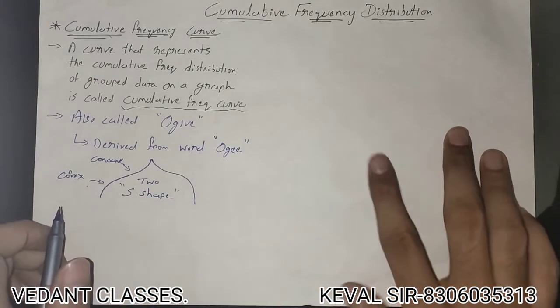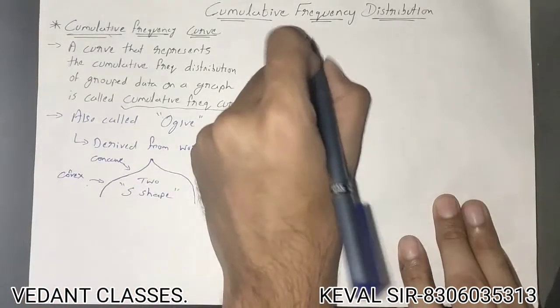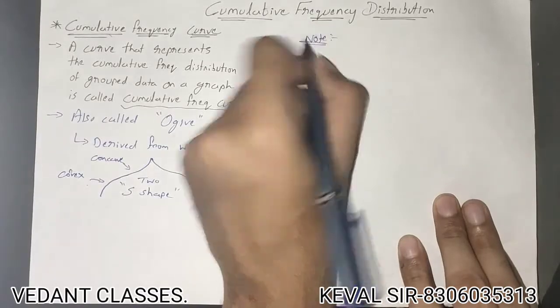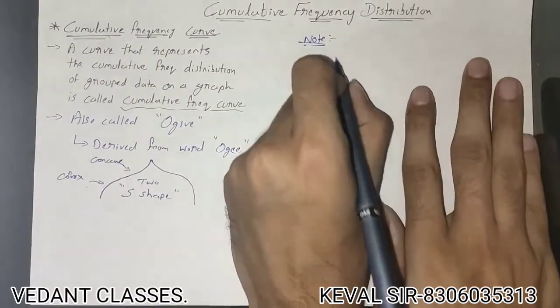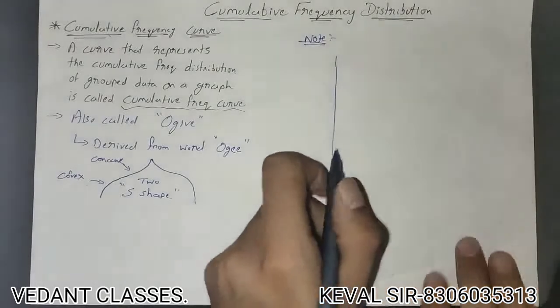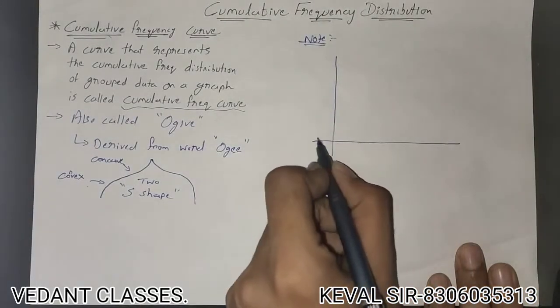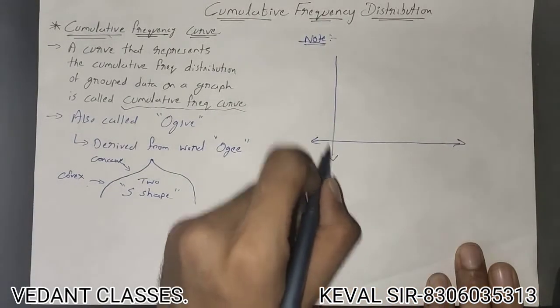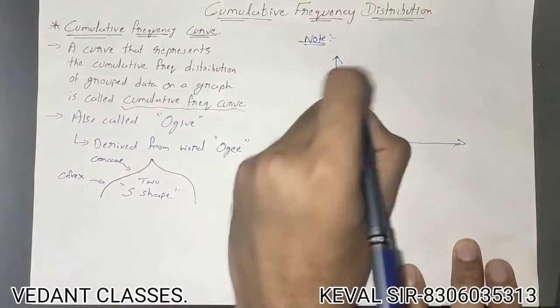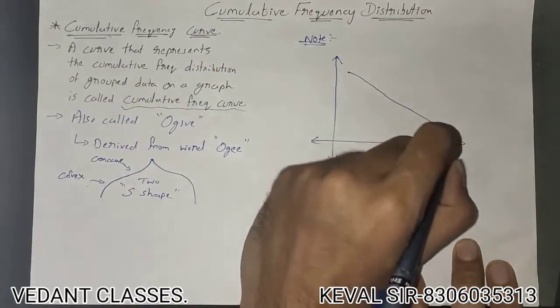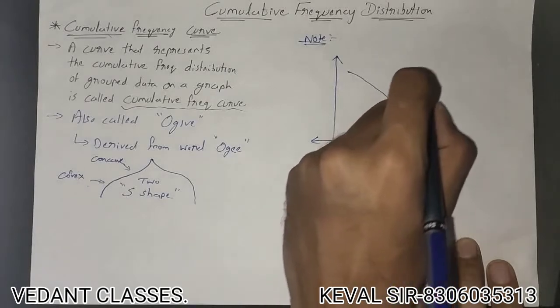Now let's see the important thing that we need to remember. So note down these things. Let's say we have a graph like this, so we'll get a shape like this, either like this.